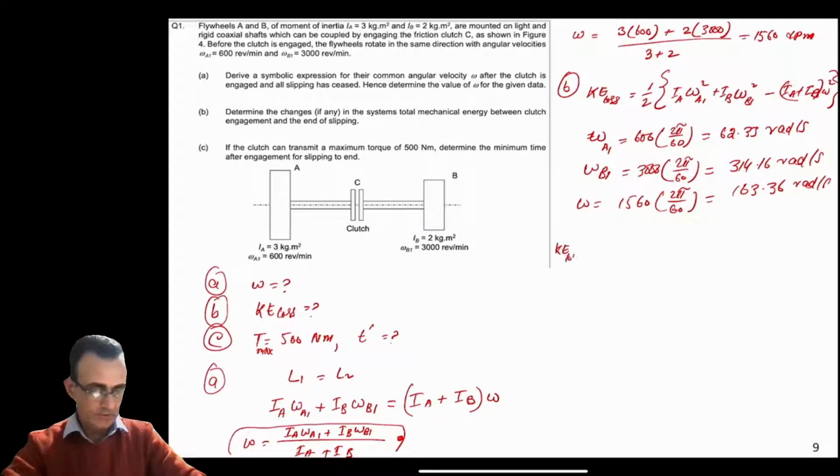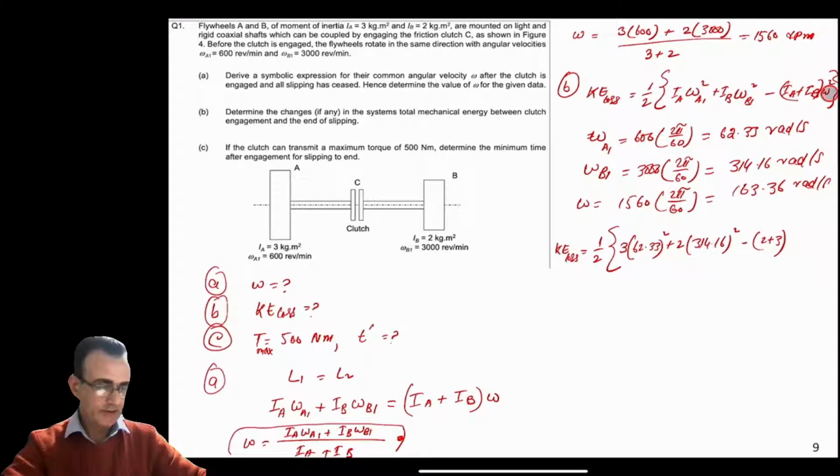So the kinetic energy loss will become half, and IA is obviously 3, and velocity is 62.33 square, and then 2 and then 314.16 square, minus 2 plus 3, so IA plus IB, and omega square, which is 163.36.